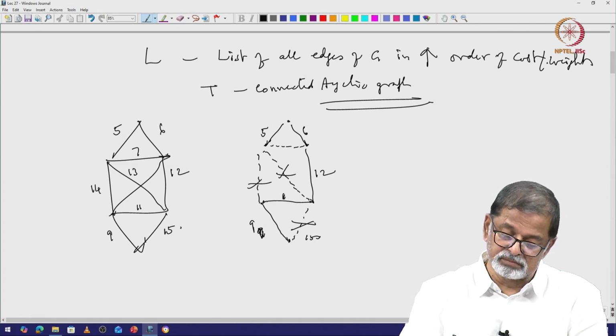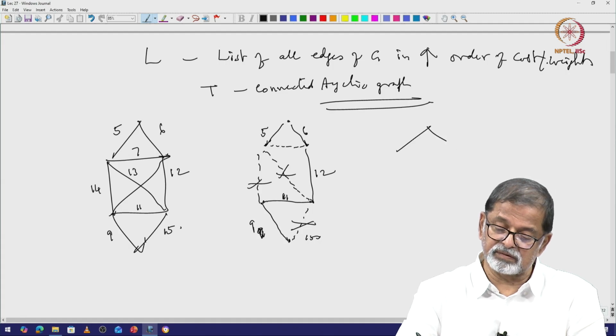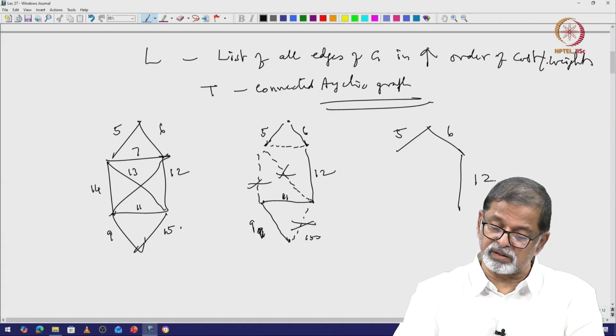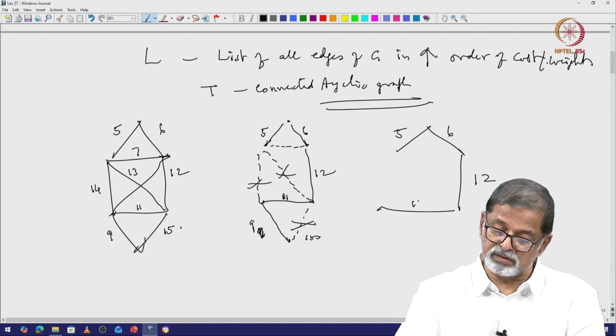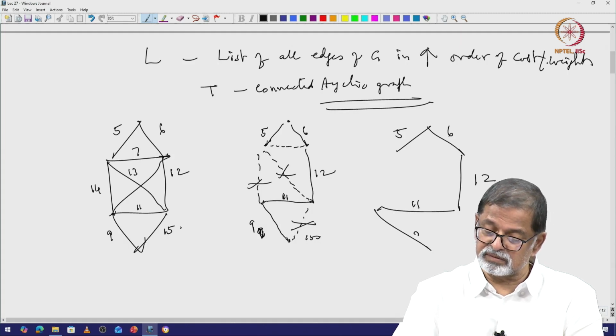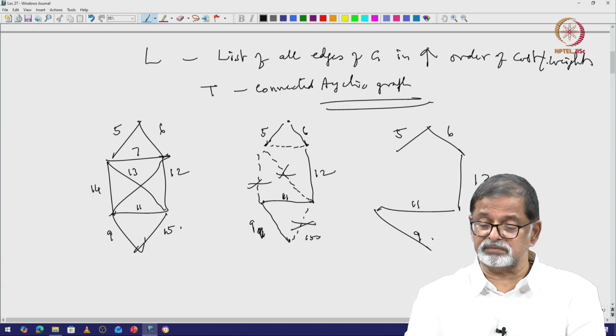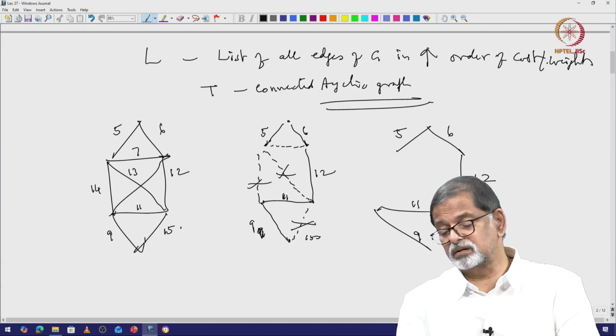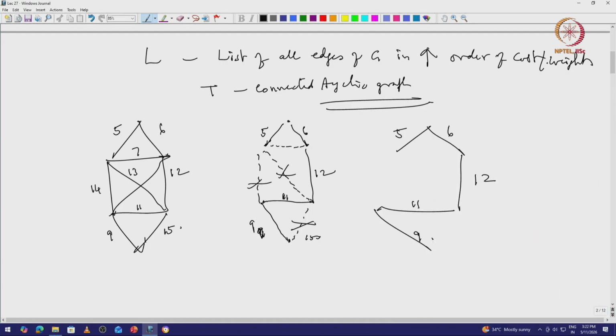So, finally 5, 6, 12, 11, 9. The total weight is 43, and this is the spanning tree. All vertices are there. So, this is the idea.